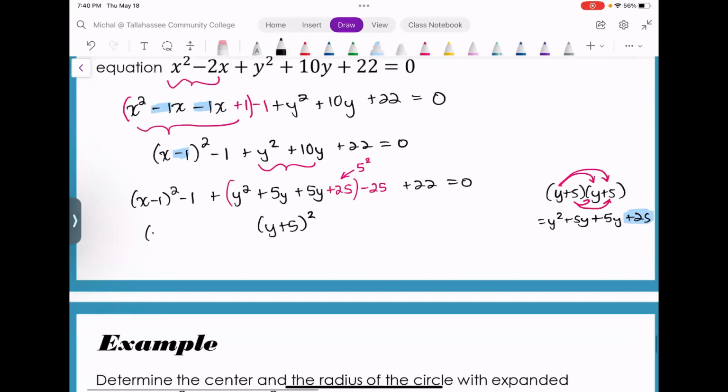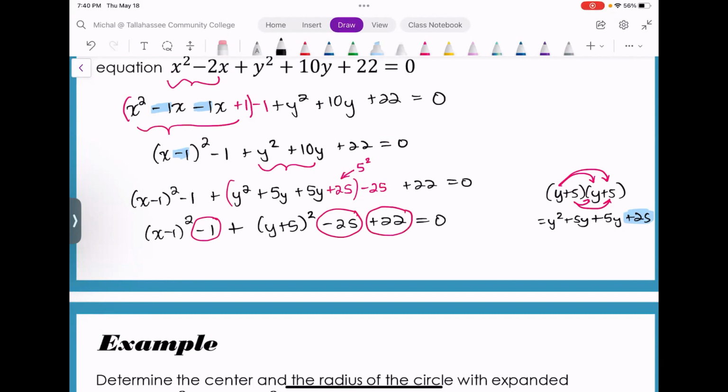I get x minus 1 squared minus 1 plus y plus 5 squared minus 25 plus 22 equals 0. Now we can combine all of our constants: negative 1, negative 25, and positive 22.